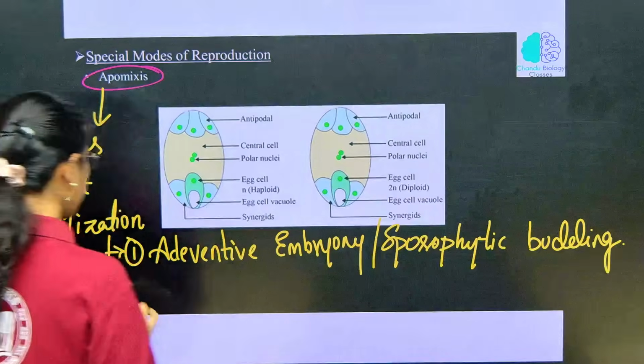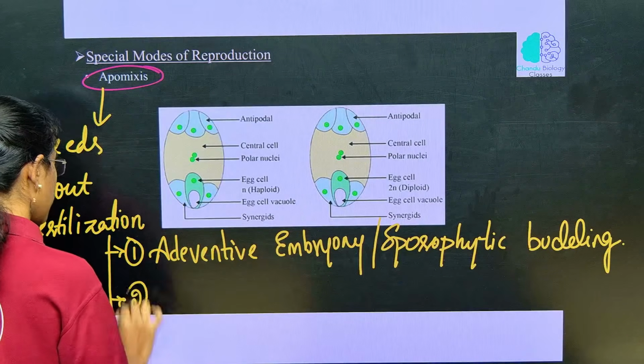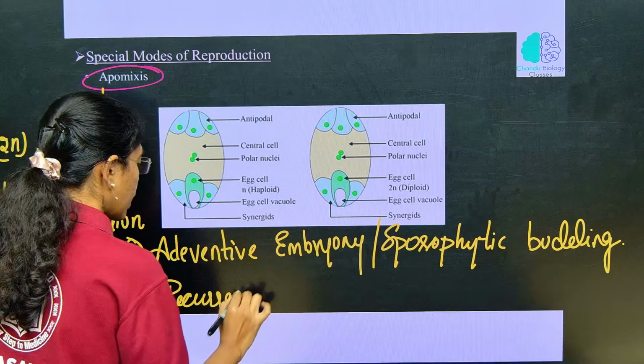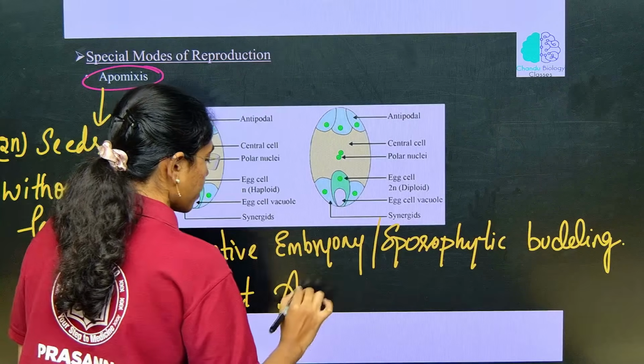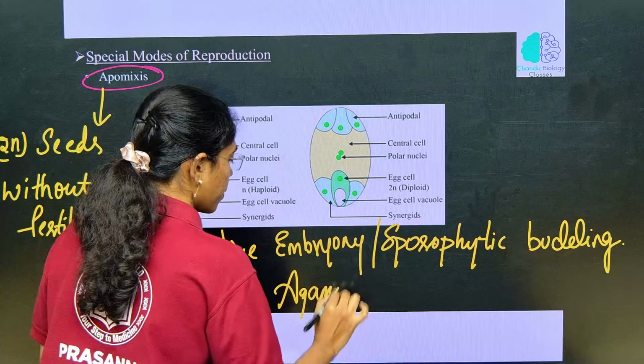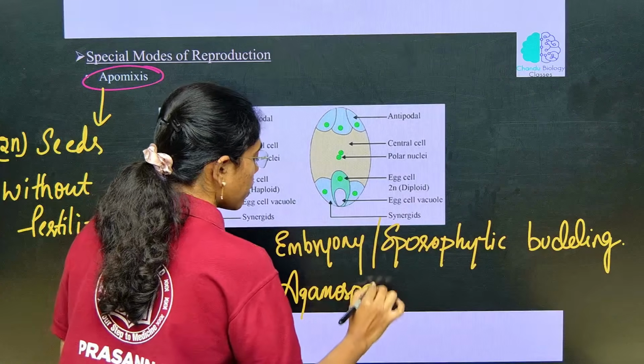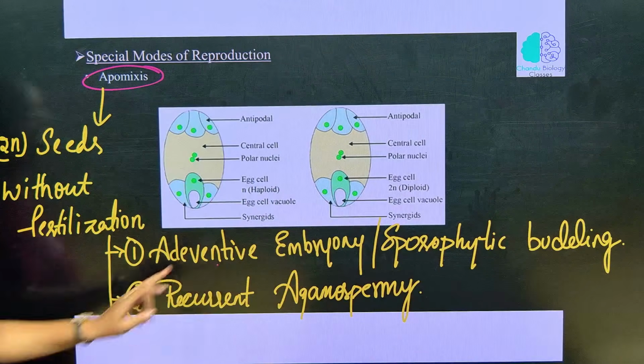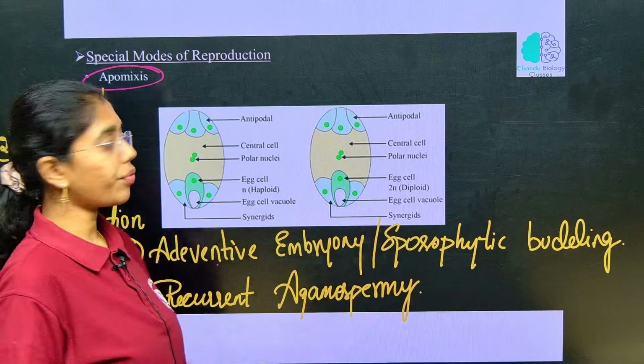And the second type is known as recurrent agamospermy. So first you see adventive embryony or sporophytic budding.